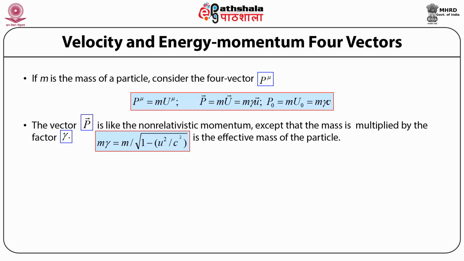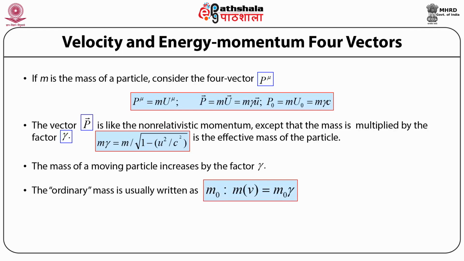And we see that in comparison to the rest mass of the particle, that is the mass of the particle when measured in a frame of reference in which the particle is at rest, the mass of the particle when measured in a frame of reference in which the particle is moving with a speed small u increases by a factor gamma.